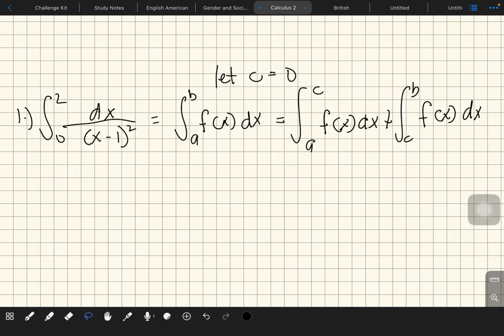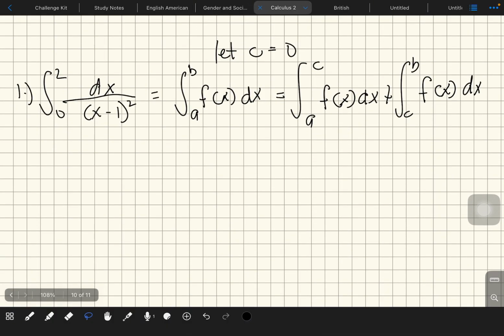So we need to apply this. For this, we need to let c be a real number in the interval, so I pick 1.